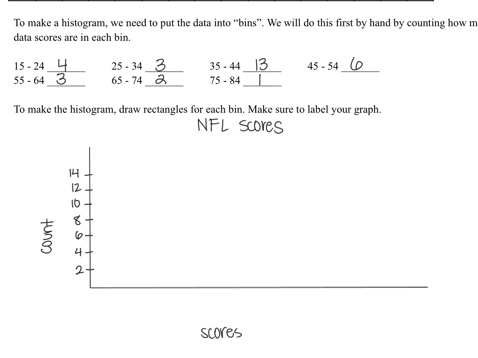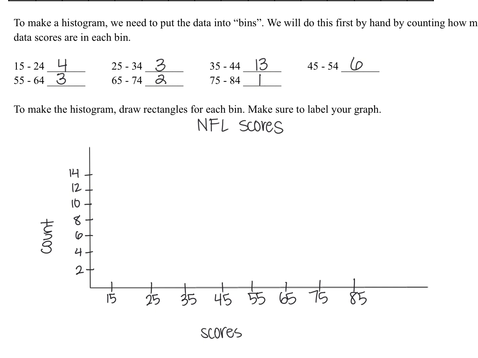And then for my histogram, I don't have to start at 0. I can start at my first bin. So my first bin is at 15, and then my next one starts at 25, 35, 45, and even though I'm not going to have a bin at 85, I do need to have an ending number for my last bin.